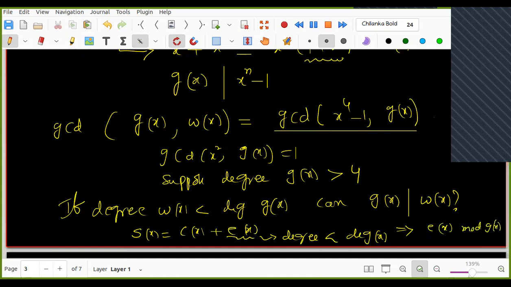There is no change. In general it can be modified after doing modulo gx, but if its degree is less than gx, then it comes as it is. It is a remainder, and it is not a zero polynomial. Are you okay?